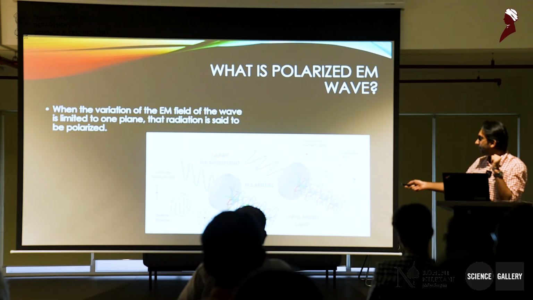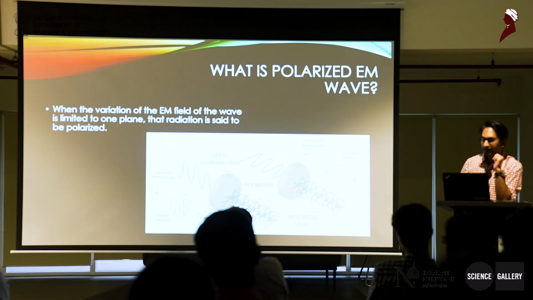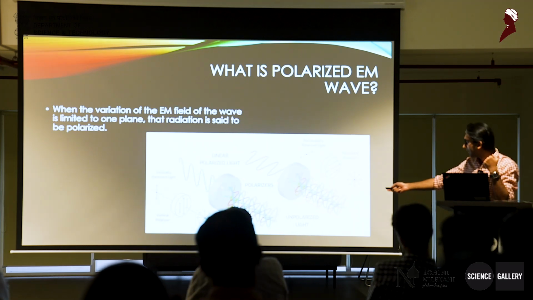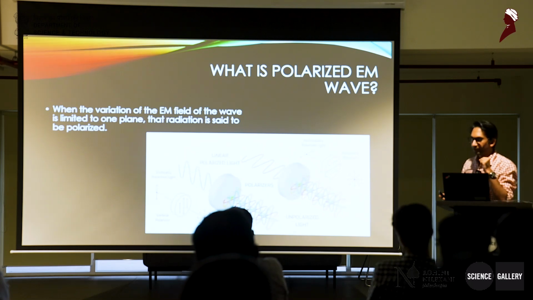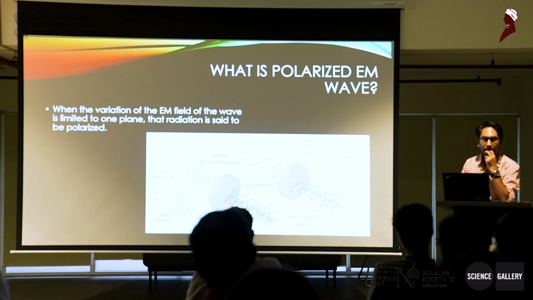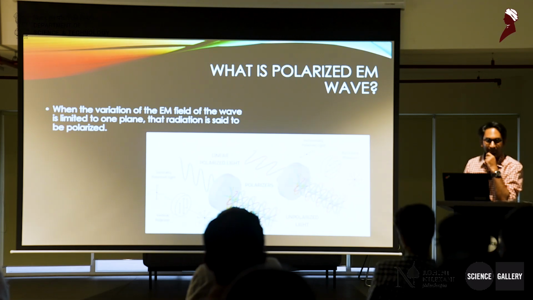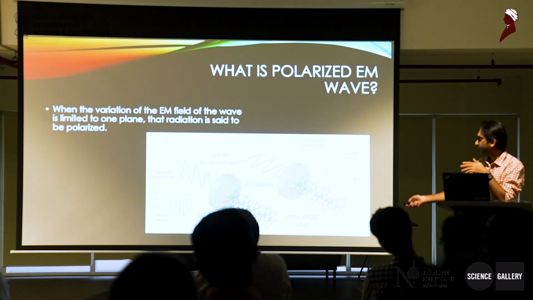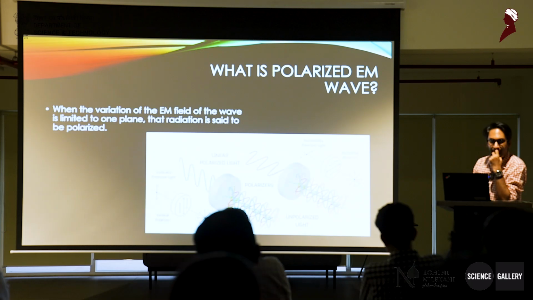When you have all possible orientations of these electric fields, you identify one specific plane, and the plane in which it is oscillating will be the plane of polarization. That light will be called plane polarized light, or linearly polarized light. Okay? So here it is at 90 degrees this way, and here it is perpendicular to that. So these are two polarizers.